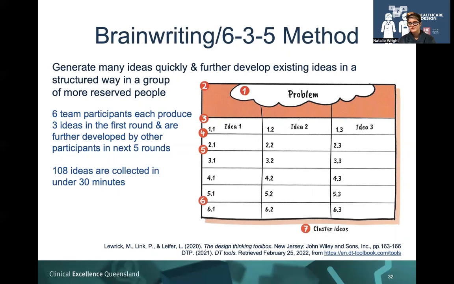Essentially, this is 6 people in a team, each producing 3 ideas in the first round, and then in the next 5 subsequent rounds, those ideas are further developed by all the different participants. So in a matter of 30 minutes, you can collect about 108 ideas. So it's a great quick way of ideating.